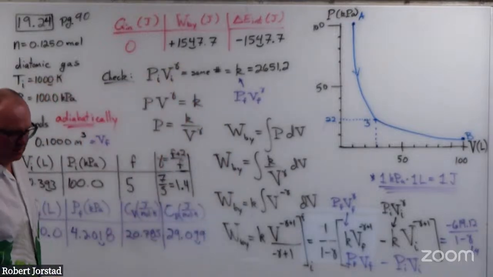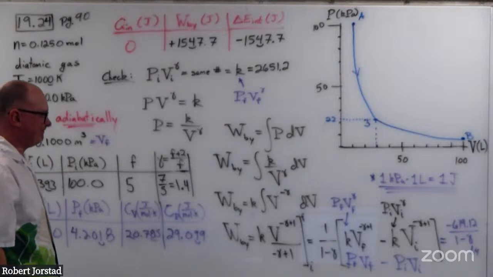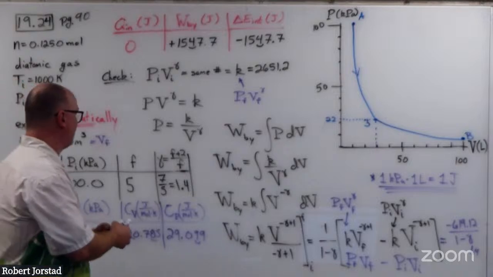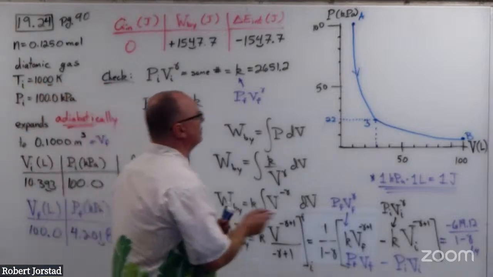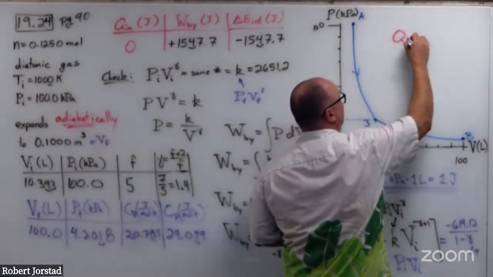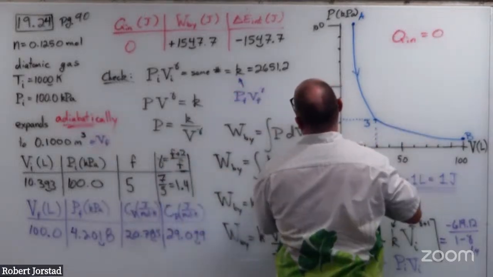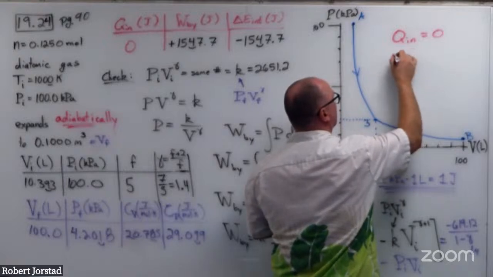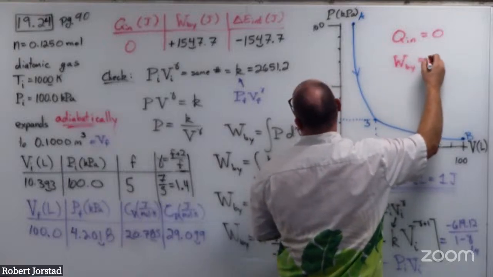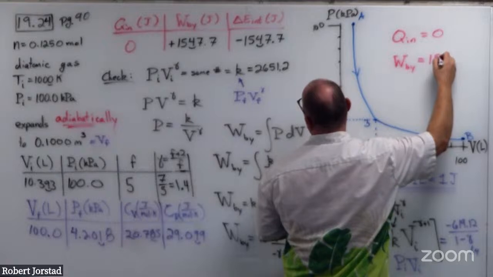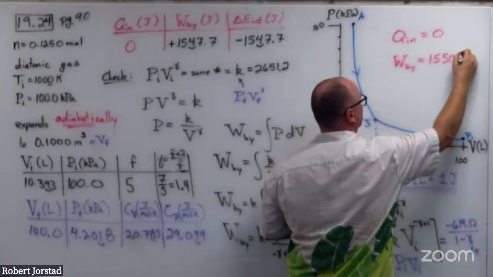All right, so looking good. And maybe what I'll do is write the final results here, so we can do the final comparison. Q equals 0. Work by is 1550.